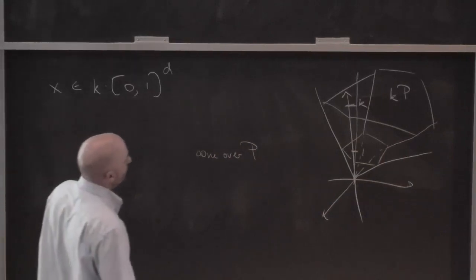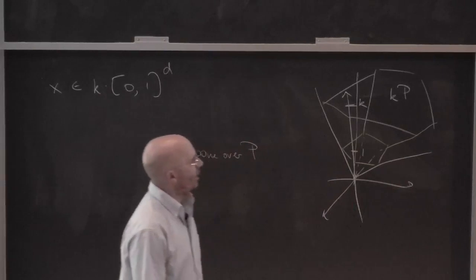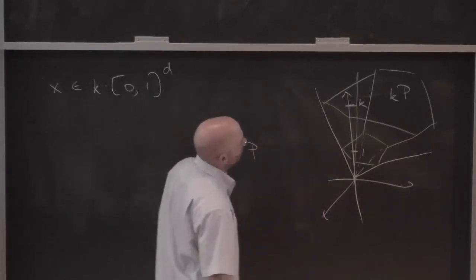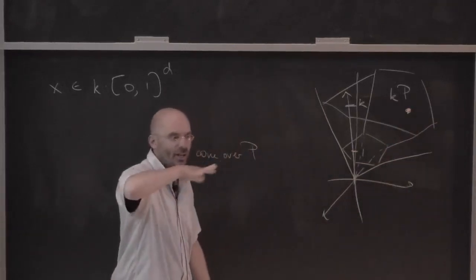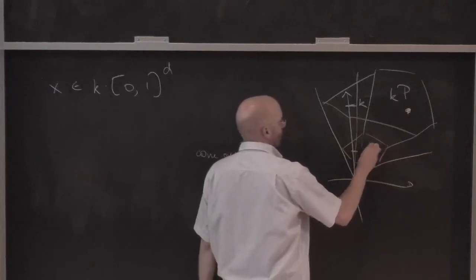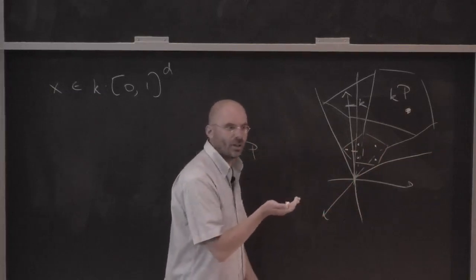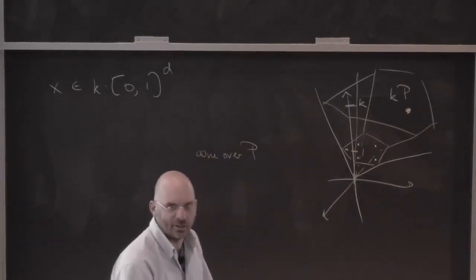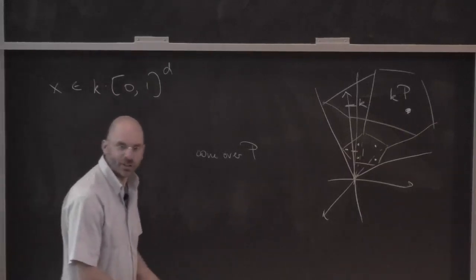And so this integrally closed business, if you unravel it in this world, means that if you give me an integer point up here at height k, then it's the sum of k points down here at height 1. If you're algebraically minded and you deal with semigroups, I'm making a statement about semigroups over here.